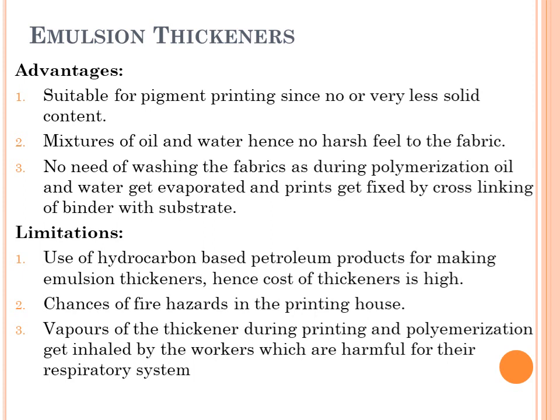So there are chances of fire hazards. Third limitation is that vapors of the thickener during printing and during polymerization get inhaled by the workers, which are harmful for their respiratory system. We know that wherever the fumes of oil or petroleum products are there, it becomes uncomfortable to work in such an atmosphere. So these vapors are really harmful for the workers in that department.